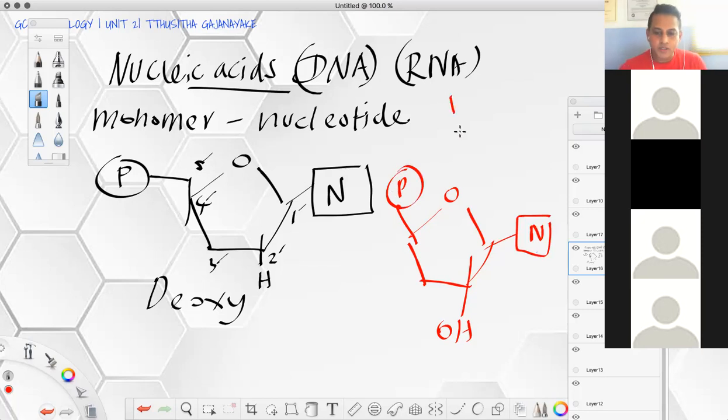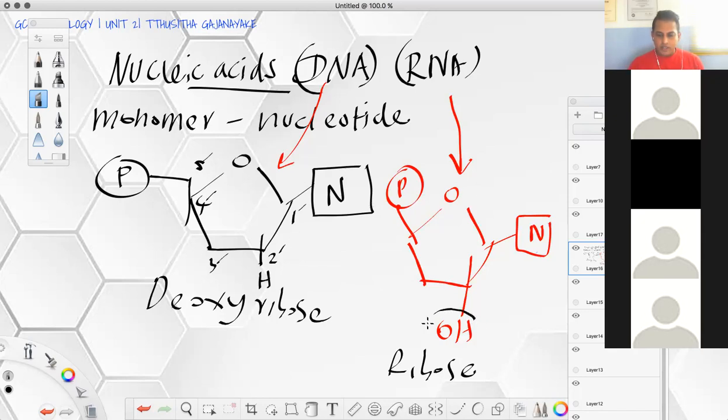So this belongs to RNA, and this belongs to DNA. That's a ribose. This is a ribose sugar, this is deoxyribose. You see the difference: here there is an OH group and here an H.